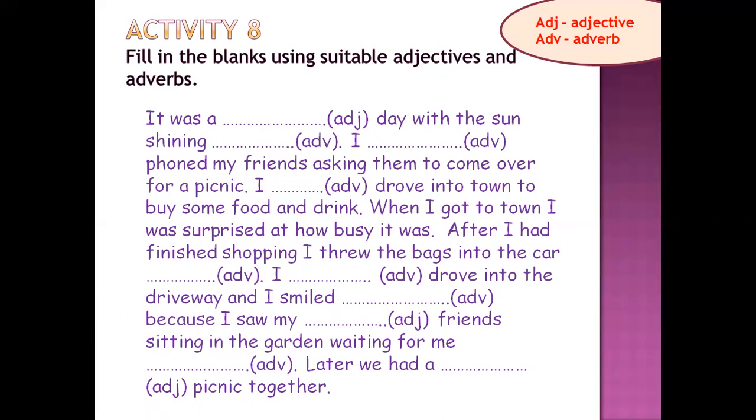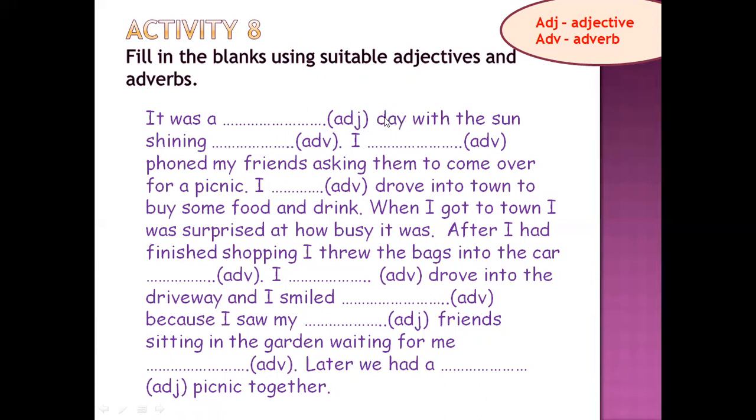Okay, this is the paragraph. You can pause the video and fill the blanks, and after that you can resume the video. Can you guess the answers for these blanks? Okay, first one. It was a. Here you have to use an adjective because after this there's a noun, day.